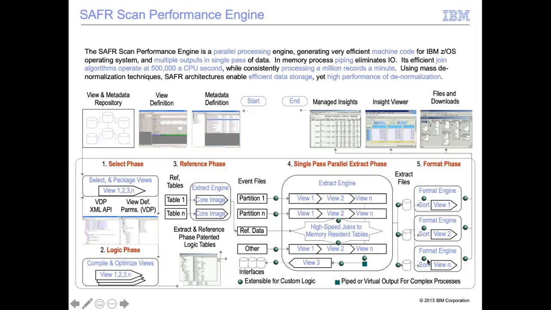The other point that I want to make is this little green box at the bottom here of the extract engine. GenevaERS has piping mechanisms where a view can write out data to be processed and scanned by other views without ever landing on disk. So it's virtual files. That piping process, like a Unix piping process or batch pipes on z/OS, allows us to expand and add new capabilities and more functions that need to be performed.